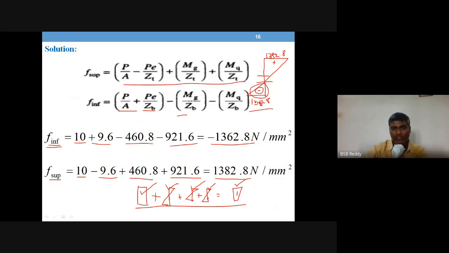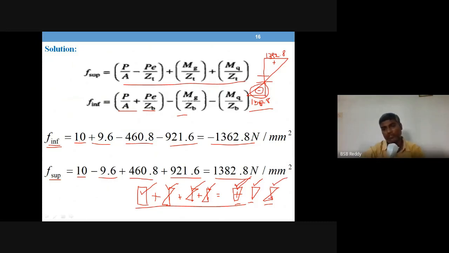So the final stress diagram may have three options. I told you that everything may be compression, or it can have compression with bottom zero, or tensile stresses may also develop at bottom. These are the three options. Okay. If the pre-stressing force is very high, you will have this. If the pre-stressing force is just sufficient, you will have this. If the pre-stressing force is not sufficient, you will have this.